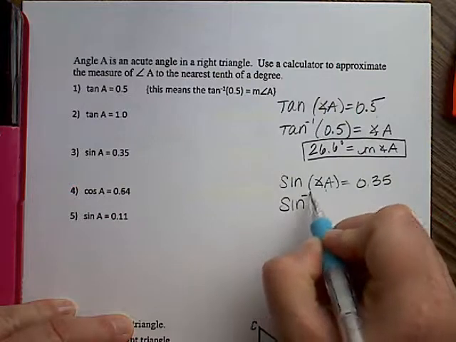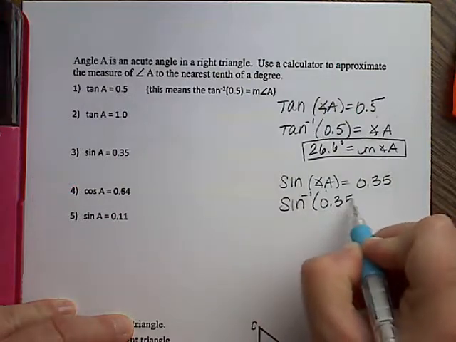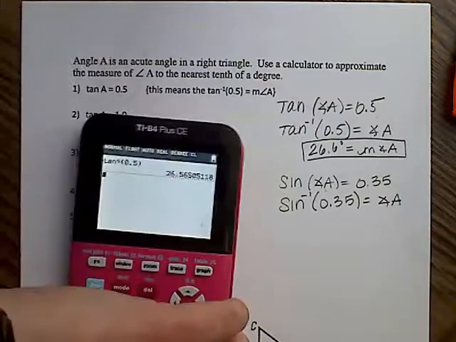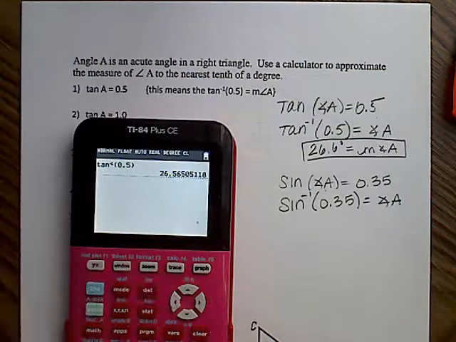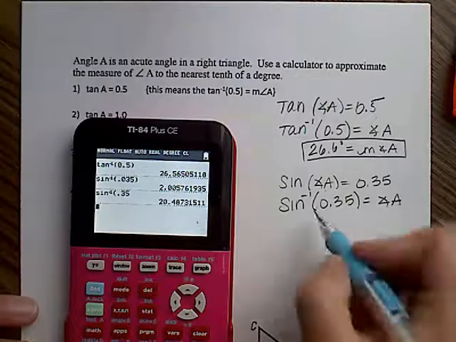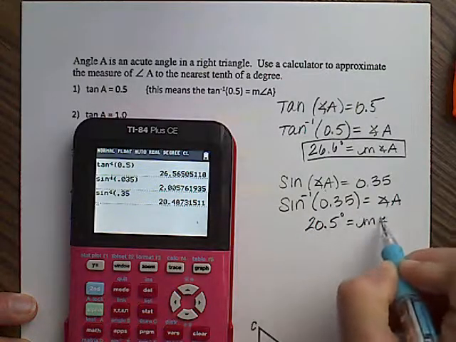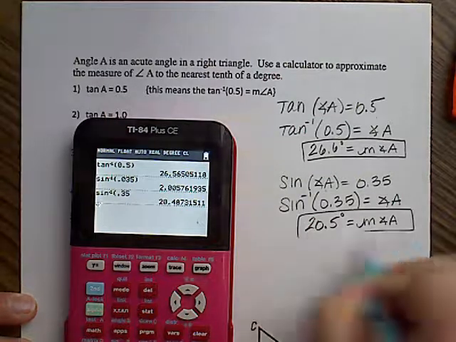Now I want to find the measure of angle A. So in this example, I'm going to do the sine inverse. Second sine, 0.35, there we go. 20.5 degrees equals the measure of angle A.